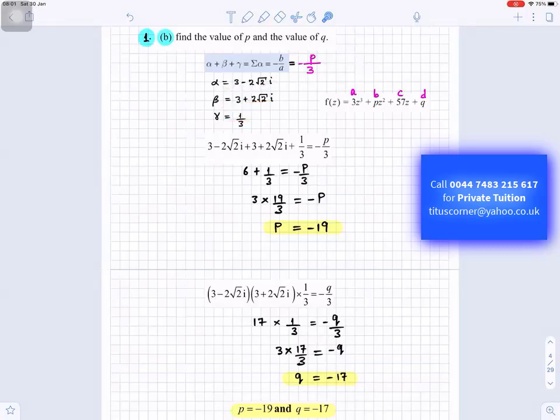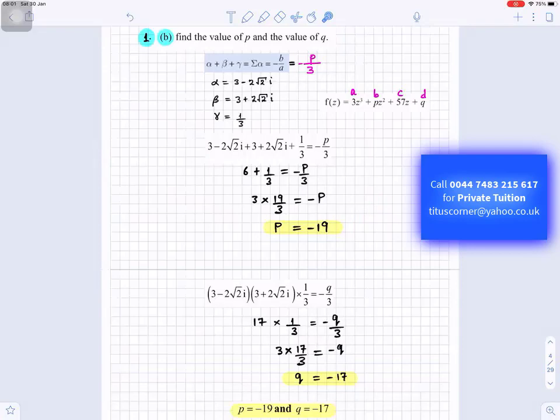So we substitute alpha, 3 minus 2 root 2i, beta, plus gamma, which is 1 over 3. Alpha plus beta was 6, which we did in the calculator, plus 1 over 3 is equal to minus P over 3. So to get P, 3 times 19 over 3, you take this 3 to that side, 3 times 19 over 3 gives you minus P, and times by minus 1, P is minus 19.